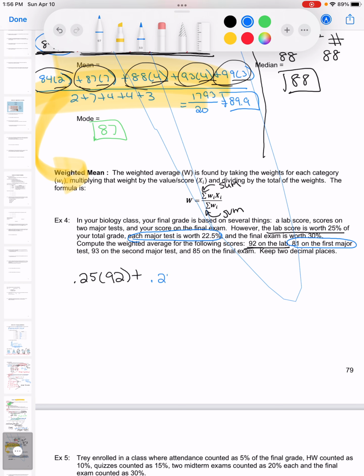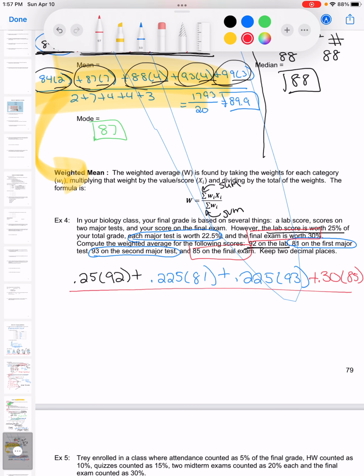So I'll put 0.225 times 81. On the second major test, I scored a 93. And then the final exam is worth 30%, and I scored an 85 on the final exam.